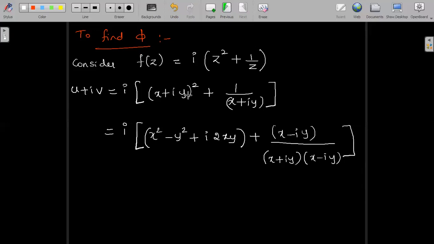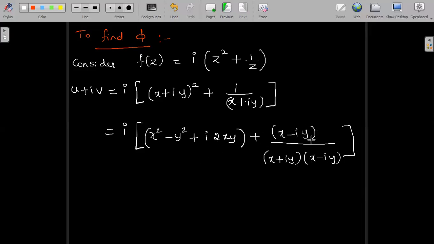X plus iy the whole square we have now. It is a plus b whole square formula. A square plus b square. But iy whole square becomes minus y square. Plus 2ab term. So 2 into I into xy. So 2 into xyi. Plus rationalize the second one. Multiply by its conjugate. So x minus iy divided by x plus iy into x minus iy.